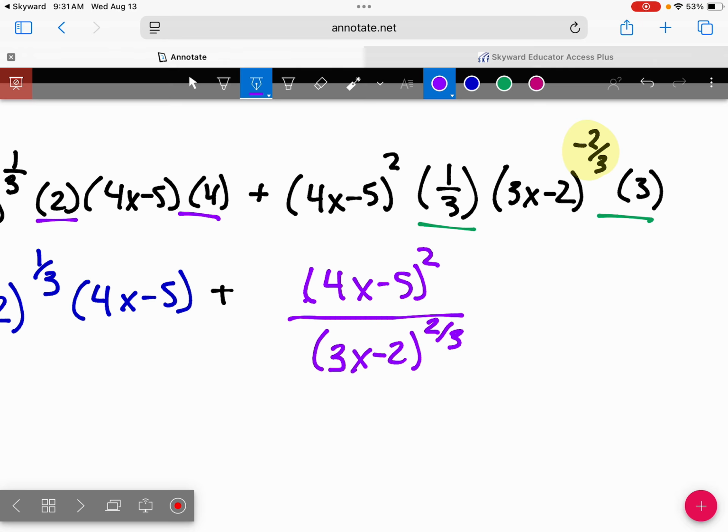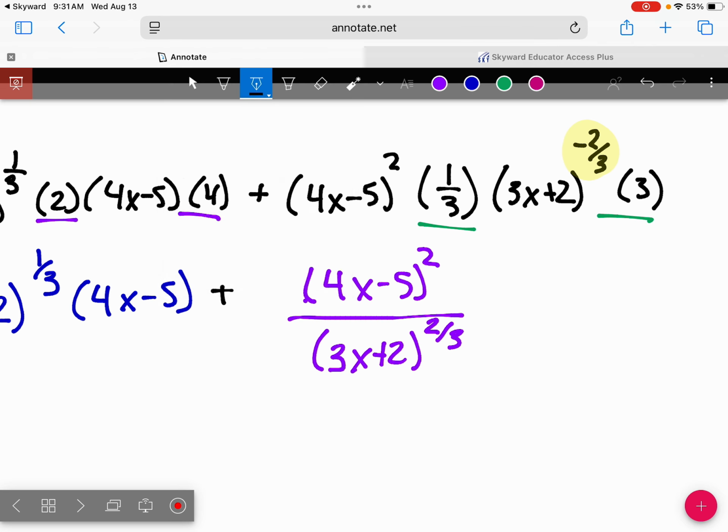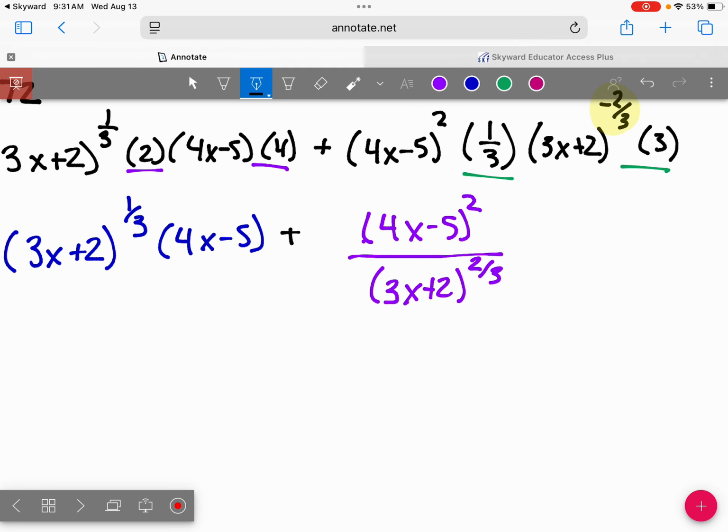So if we want to be able to add these together, what do they need to have? Common denominator. So in order to be able to add these together, I need them both to have that same denominator.